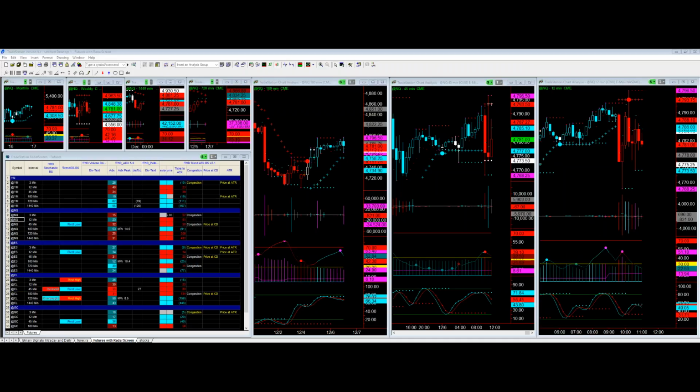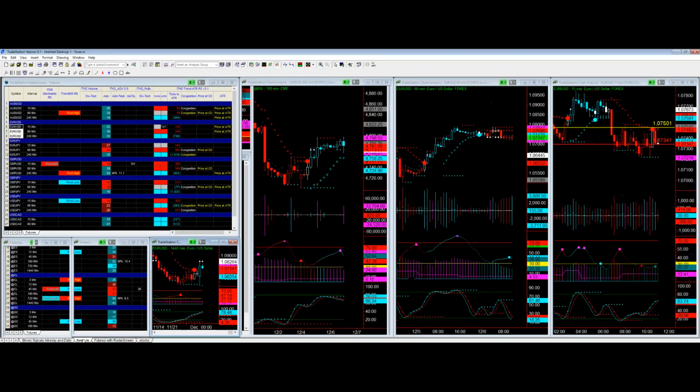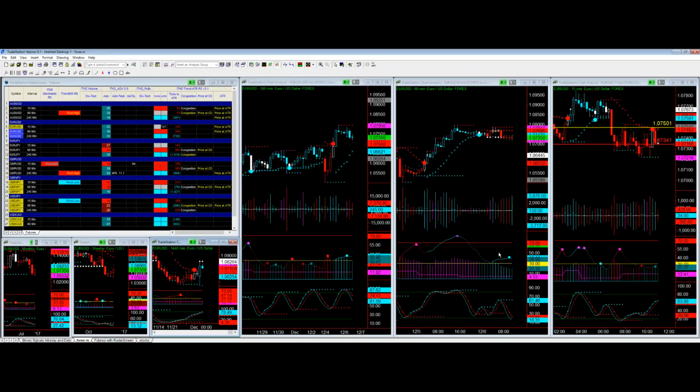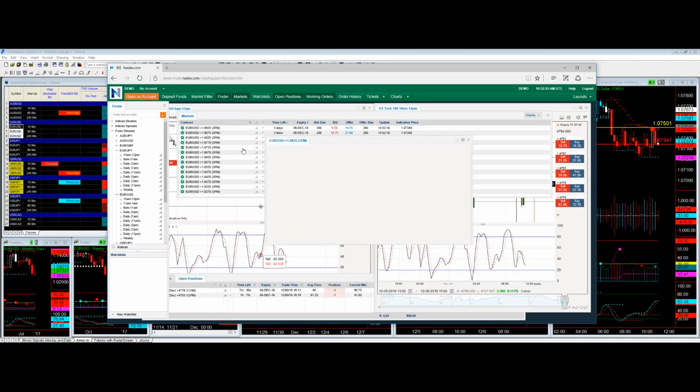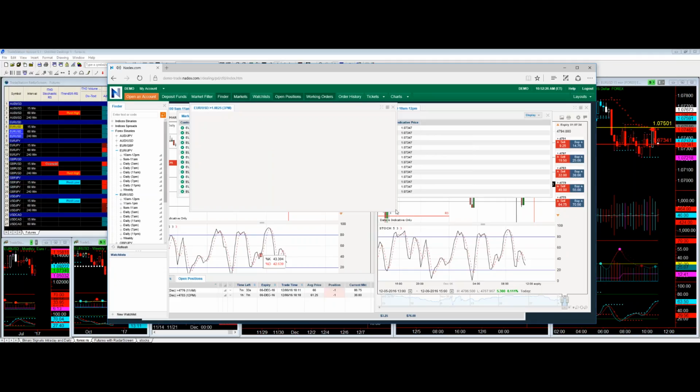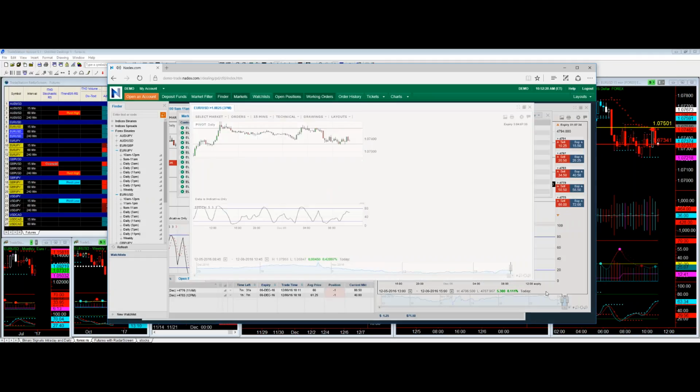Go back and look at the euro. Okay, this is what I'm talking about. And I don't typically do these. I'm just showing you because I want you to realize the risk to reward ratios.